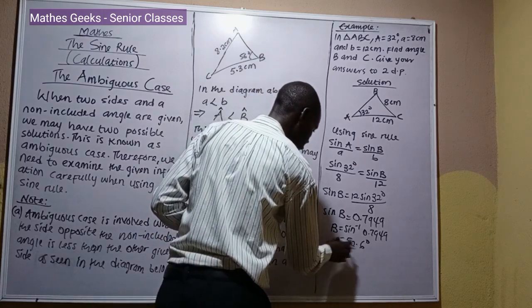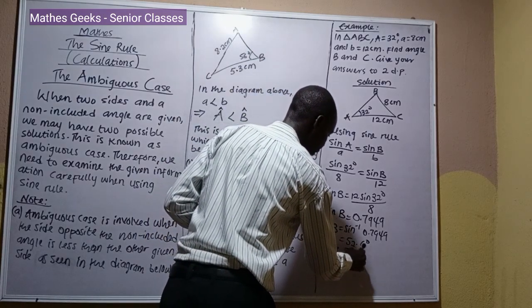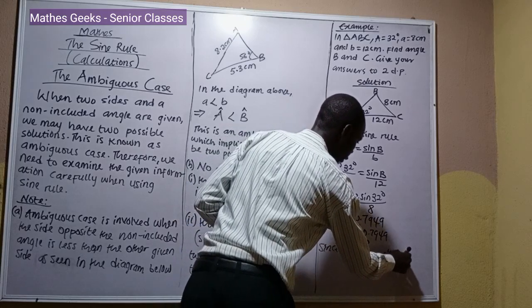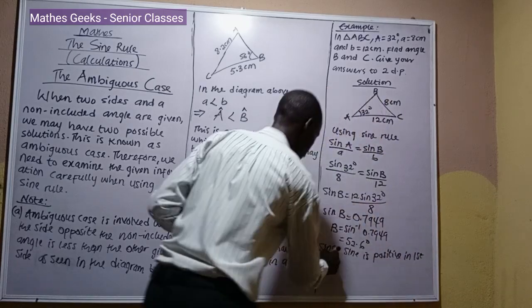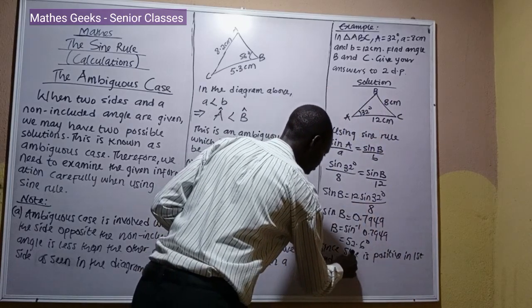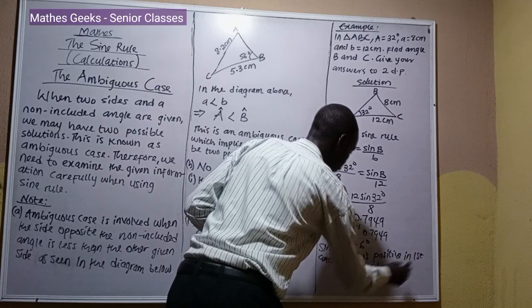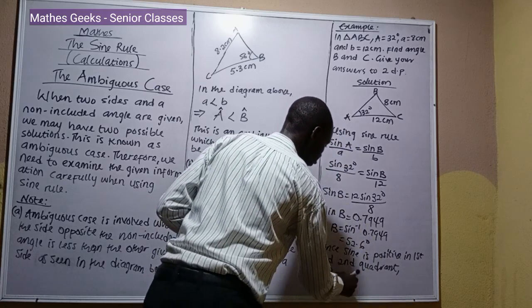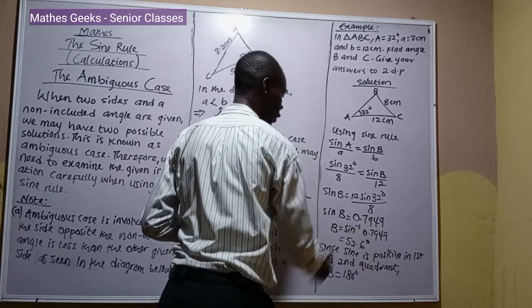Since sine is positive in the first and second quadrants, it implies that B can also be in the second quadrant. This is the value for B in the first quadrant, which is acute.